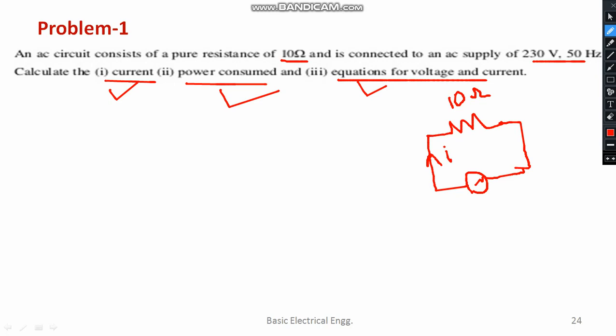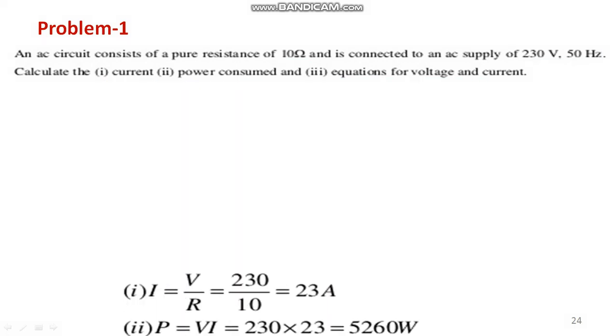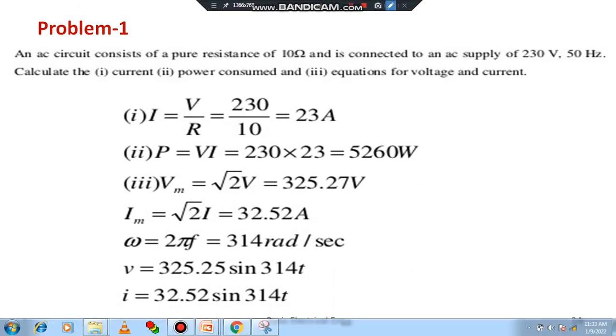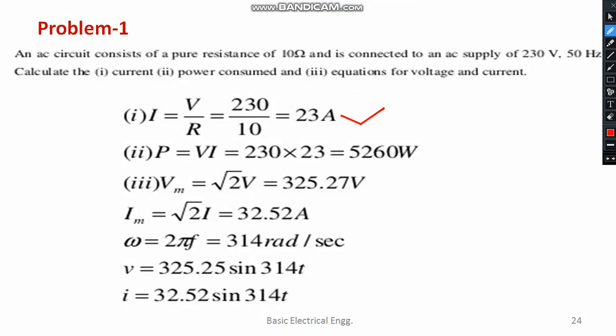Now let us solve the question. Very simple. How to calculate the current? Current is equal to V by R. Voltage is 230 volt and resistance is 10, so V by R is equal to 23 amps. What about the power? P is equal to Vrms into Irms. Whatever quantity is given in the question is Vrms only, so 230 volt is Vrms.